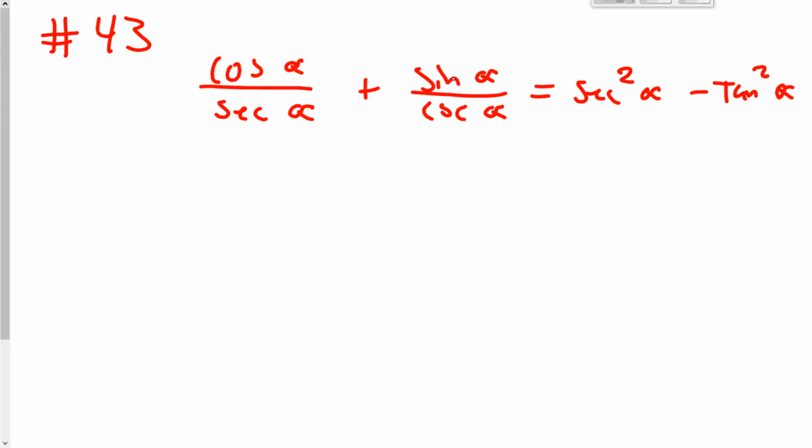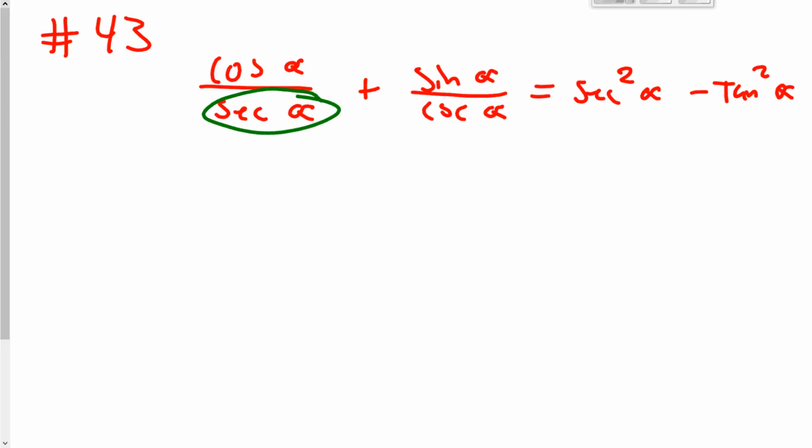And tangent is sine over cosine, so somehow if I got a cosine on the bottom here, then maybe we can get there, right? But this subtraction thing means something's going to switch about this, right? So what we might do is I'm just going to go ahead and get it in terms of sine and cosine, which I can do right away, right?